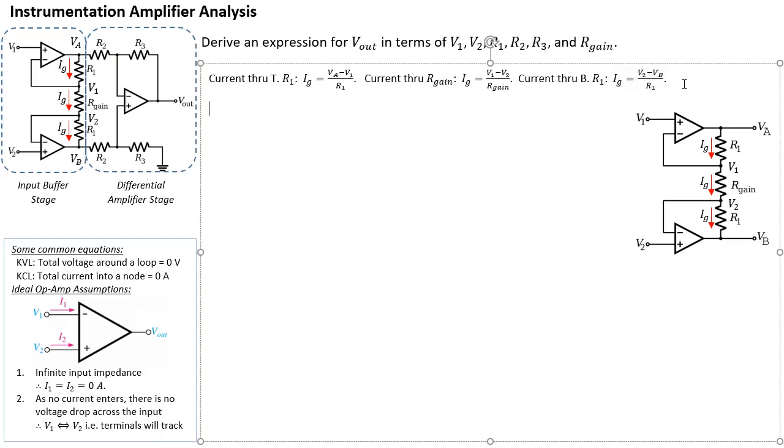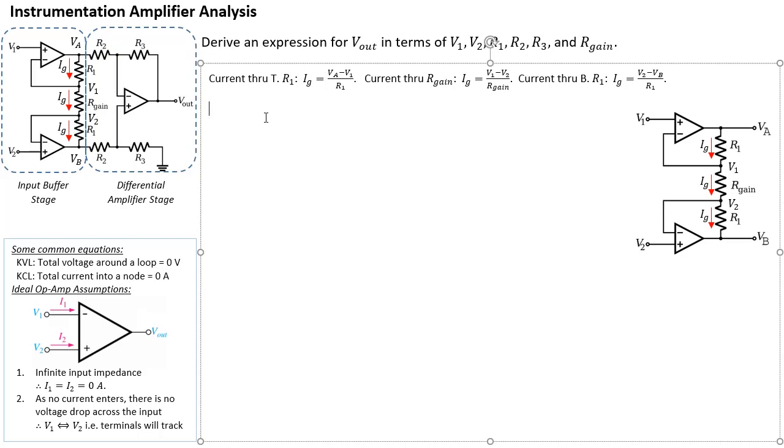So let's have a look at getting VA in terms of V1 and V2. So I'm going to combine this equation of IG with the one that is going through our gain.